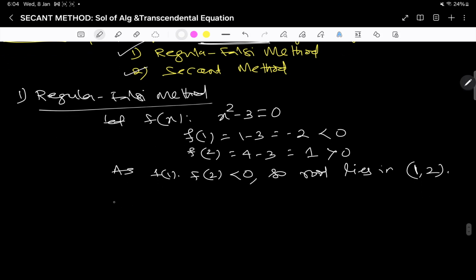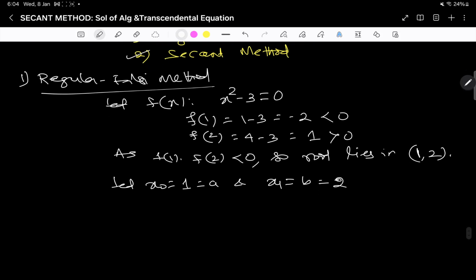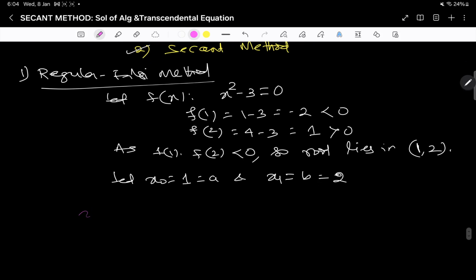Let my x0 be equal to 1, or this is my a, and my x1 is equal to b, which is 2. So what is my necessary formula?